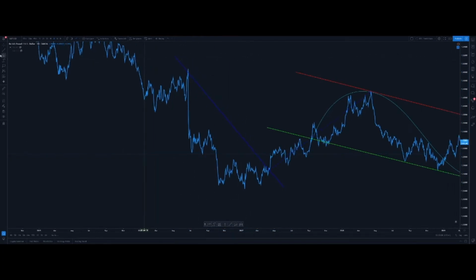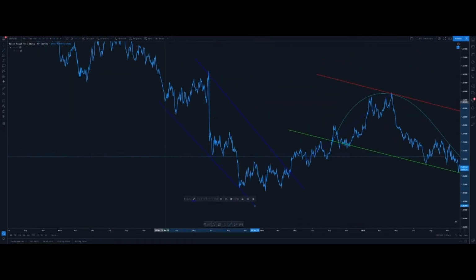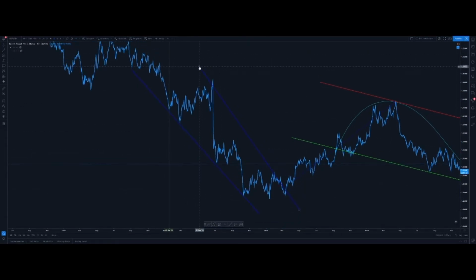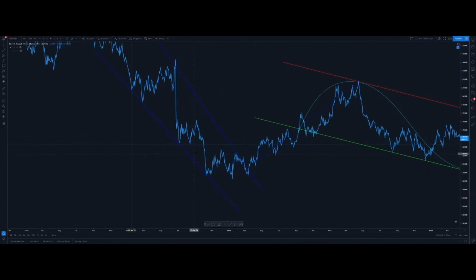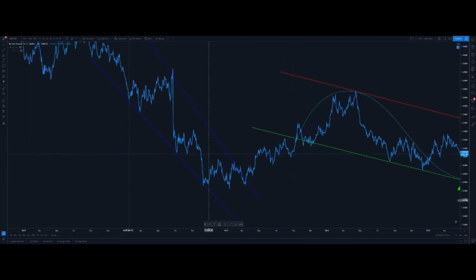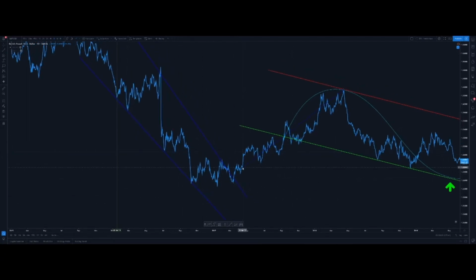Okay. Let's see. Yeah. I think there was a falling wedge, and it had to reverse again. Like that. So it's approximately here.